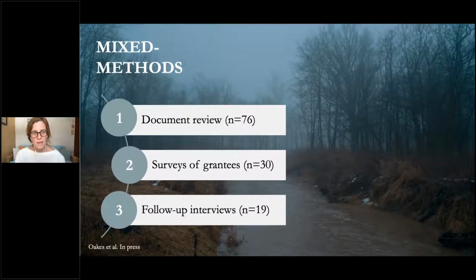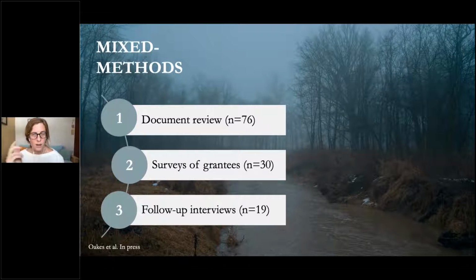So again, the methods of this part of our study, we relied upon a document review. So looking at what did projects propose in terms of their monitoring plan, and then what did they also report later in terms of the outcomes, what they actually did. We then drew from the survey. So this had an N of 30 within that larger N of 76.